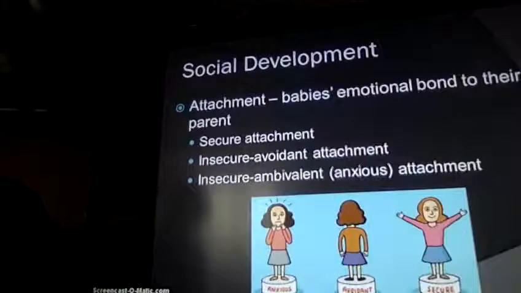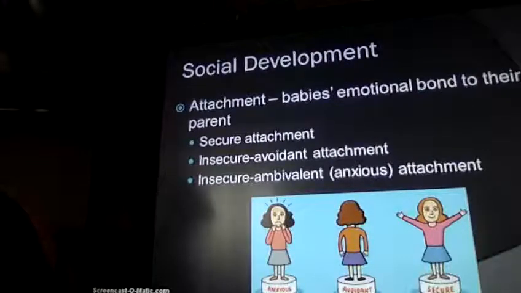Insecure avoidant attachment is an anxious emotional bond marked by a tendency to avoid reunion with a parent or caregiver. So the parent leaves, the child potentially cries, the parent comes back, the child just avoids that reunion. It's like, oh, you left me? Okay.